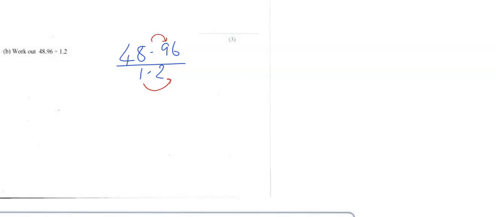But if I do it one place only with the other one, I've still got a decimal point there. I must do it the same number of places in both cases, because when you have a fraction, you can only keep it the same by multiplying top and bottom by the same number, which is what we're doing here. And so we're going 2 places to the right there and 2 places to the right there.